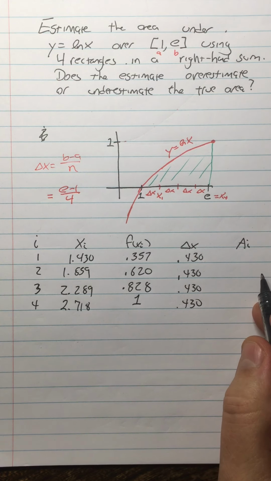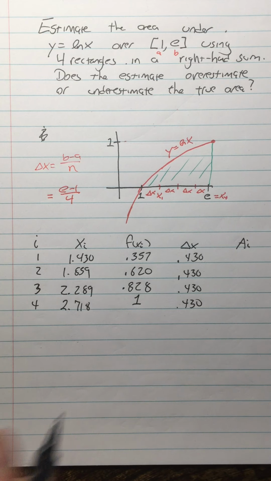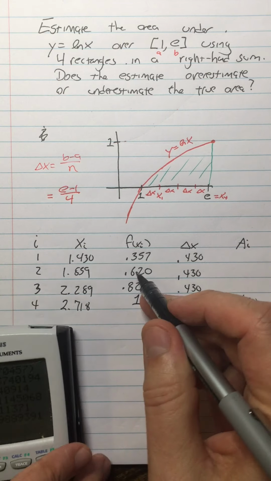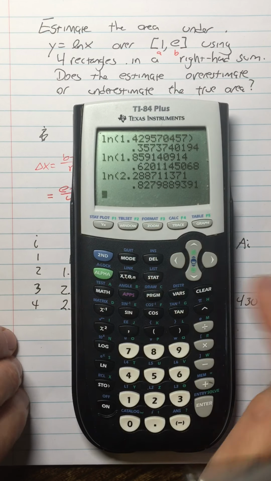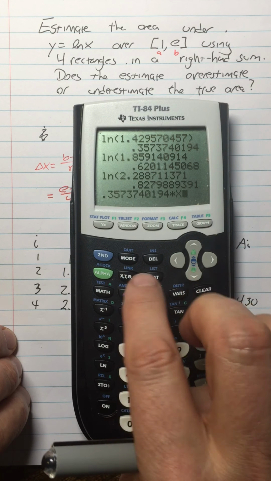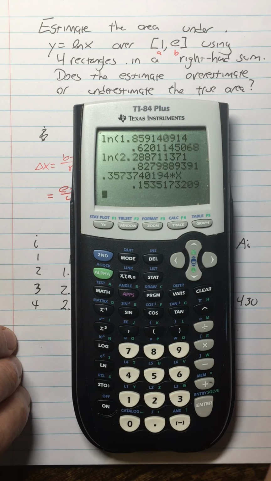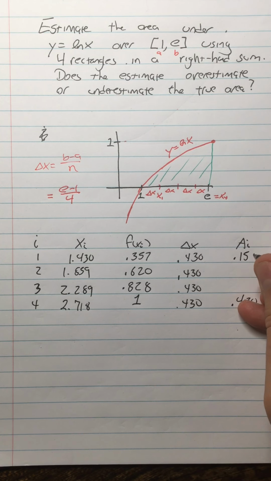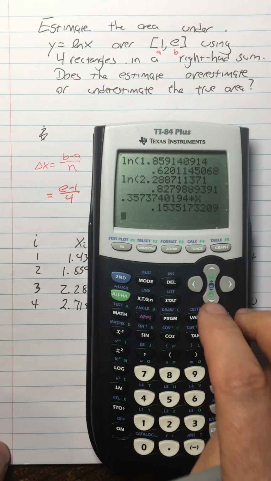All right, now I have to multiply across, so I know this one's going to be 0.430. For this one, I have to do 0.357 times my delta x. So I go up and get my 0.357 number, and then because I stored the delta x in my variable x, I just go times x, and I get 0.154. Now for this one, I'm going to do my 0.620 number.